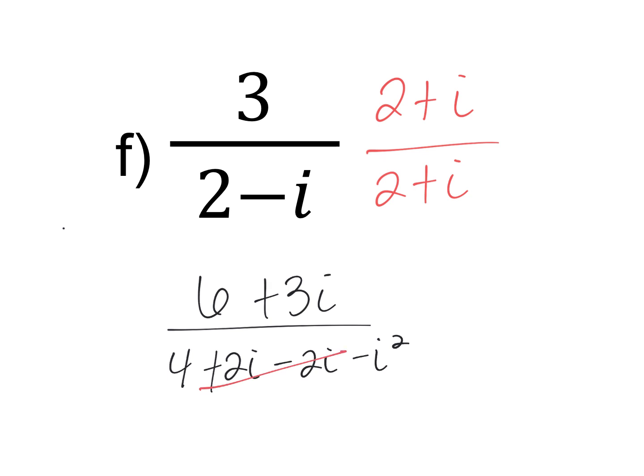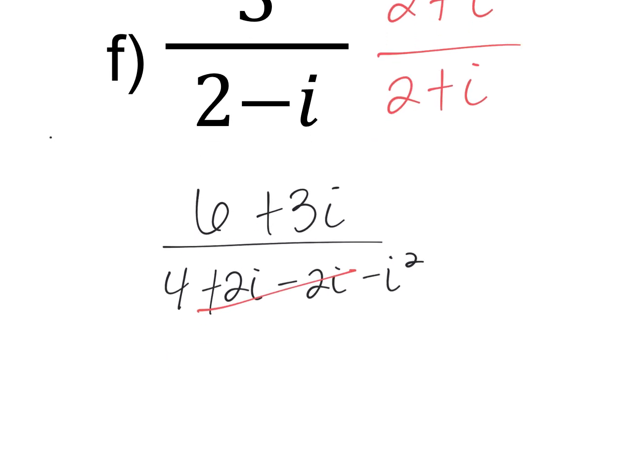Those two cancel out. Minus i squared ends up giving you +1. So this is 6 plus 3i over 5. Then last thing you need to do: can you simplify all of the real numbers, or rational numbers, I would say coefficients? And the answer is no.